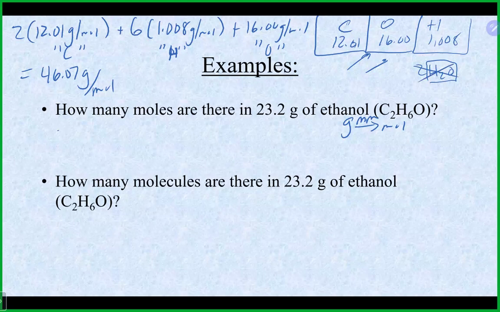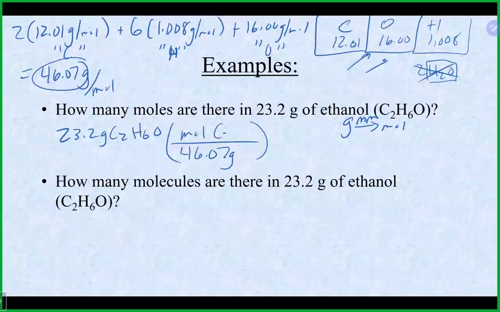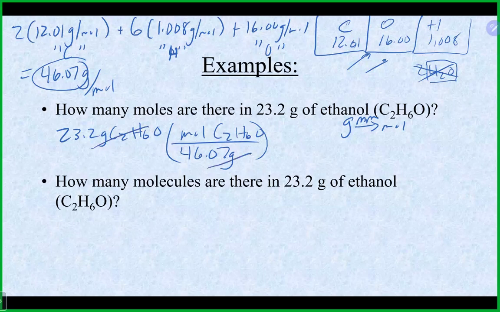So we'll go with our 23.2 grams of C2H6O. Once again, opposites cancel, so we do need grams on the bottom, so we do need to flip the molar mass around and put our grams on the bottom so that they cancel. Moles C2H6O. Again, multiplying the top, dividing the bottom.